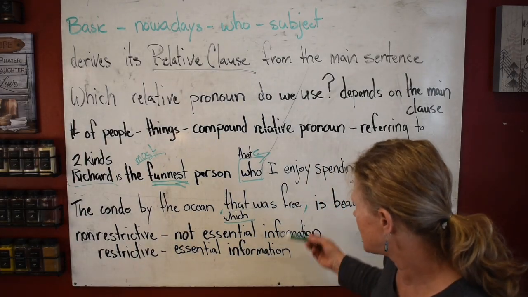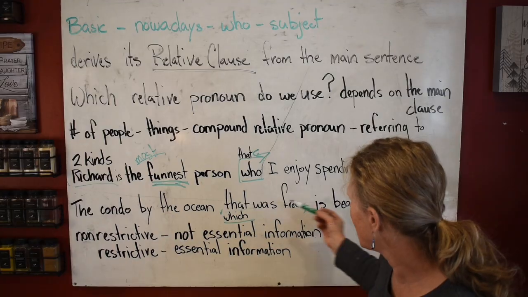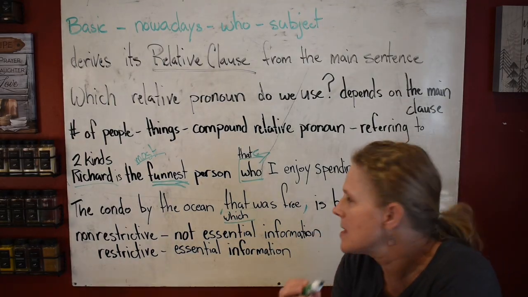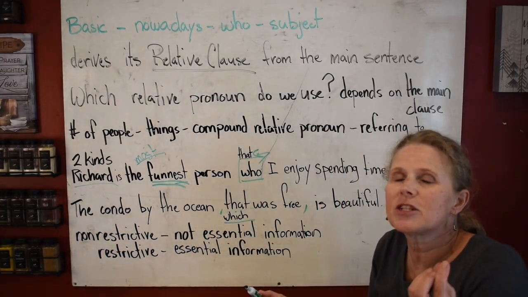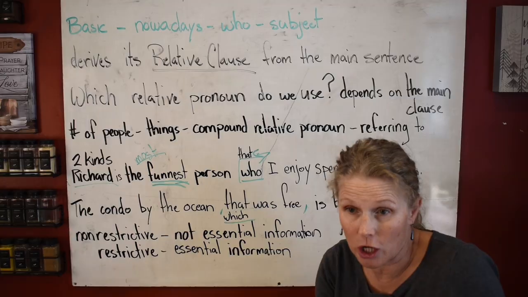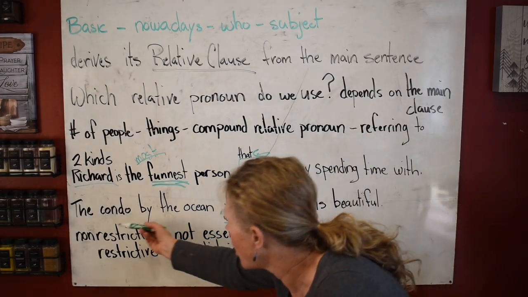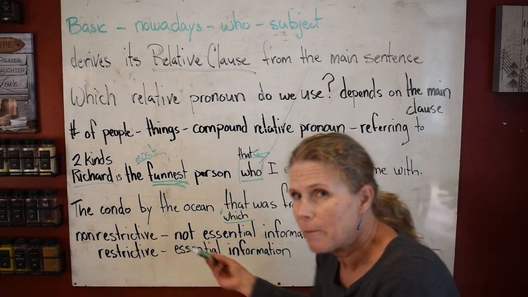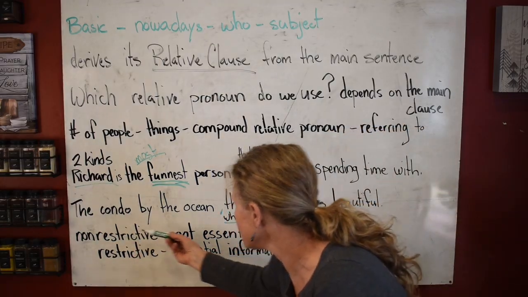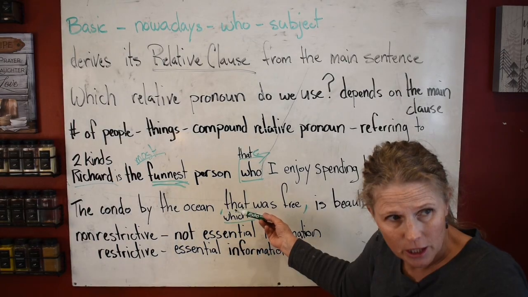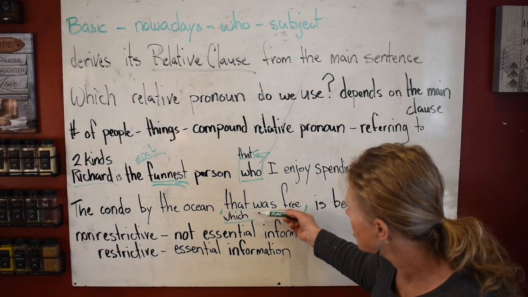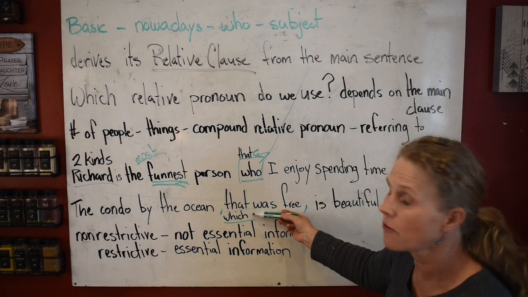So that means let's talk about restrictive. And I think it's so much easier to say essential and non-essential than it is non-restrictive and restrictive. But basically it's the same thing. Non-restrictive means not essential information. If I'm using the word which, is which non-restrictive or restrictive?